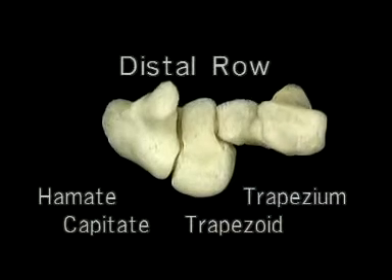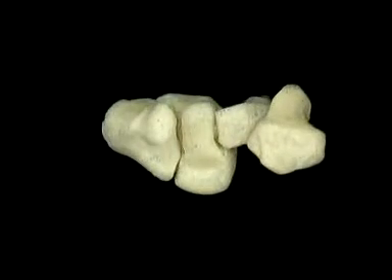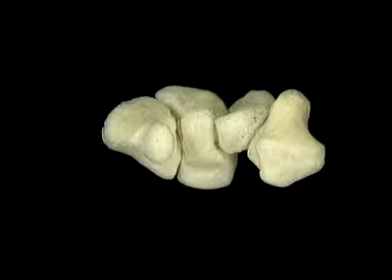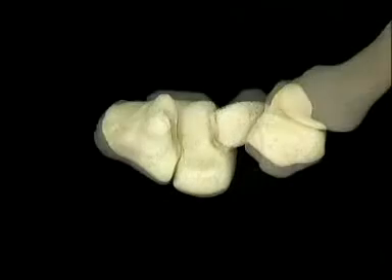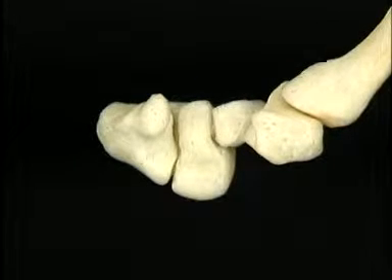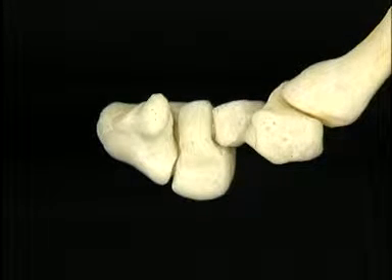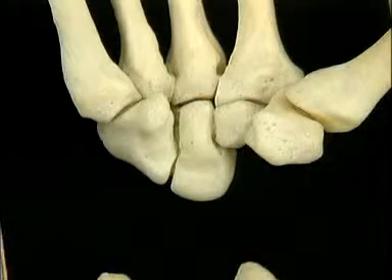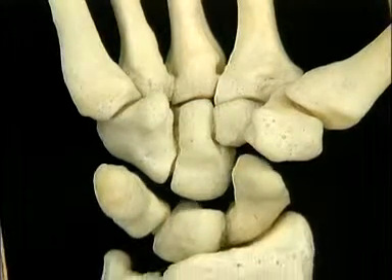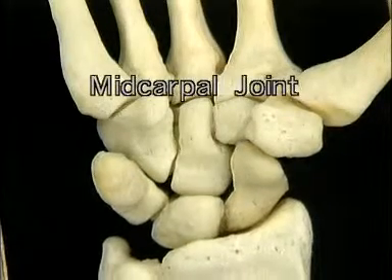The capitate and part of the hamate project proximally. The bases of the five metacarpals articulate with the distal row of carpal bones. The first, the one for the thumb, articulates by itself with the trapezium. The other four articulate in a row here. The distal row of carpal bones articulates with the proximal row here to form the midcarpal joint.